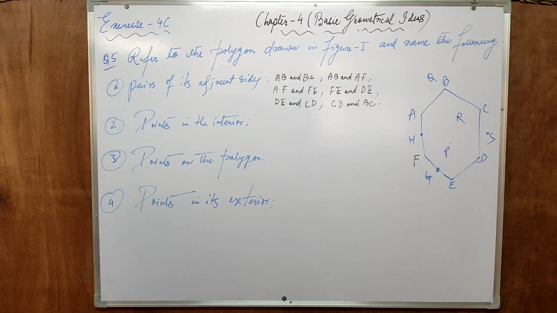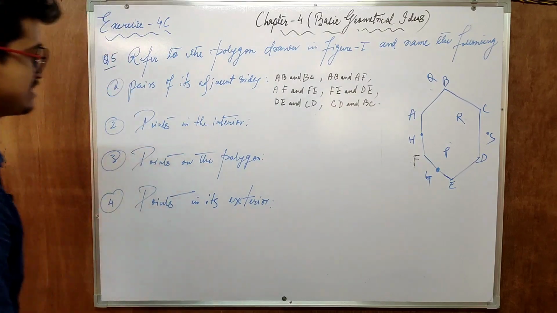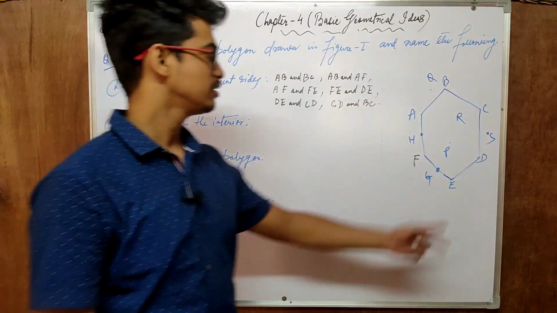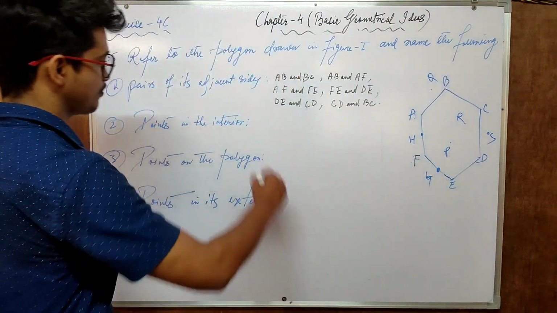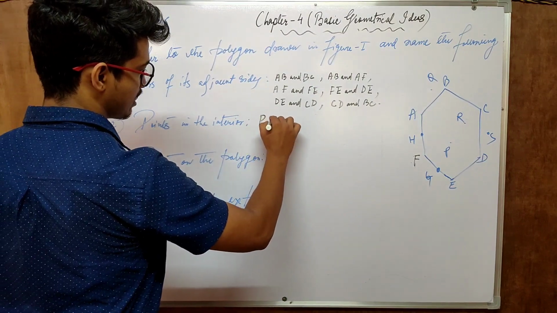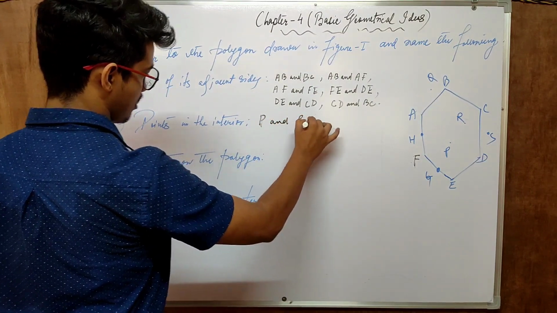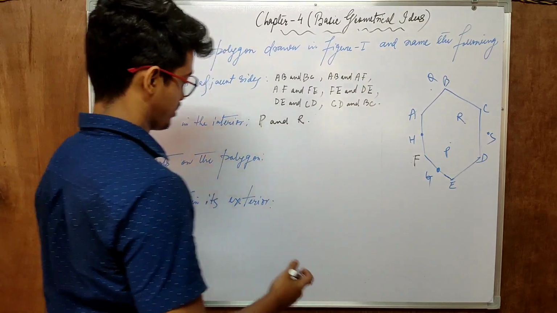Okay, fine. Let me move on to our next question, that is points in the interior. We know that these two are the interior points, P and R. After that, points on the polygon.